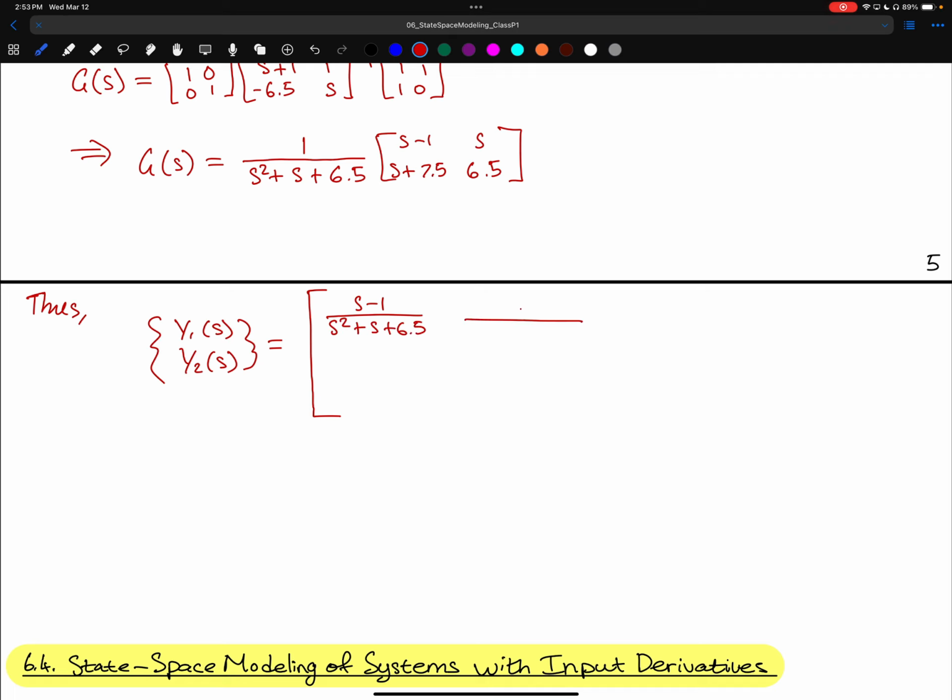The next one, s divided by s squared plus s plus 6.5. And s plus 7.5 divided by s squared plus s plus 6.5. And then lastly, 6.5 divided by s squared plus s plus 6.5.